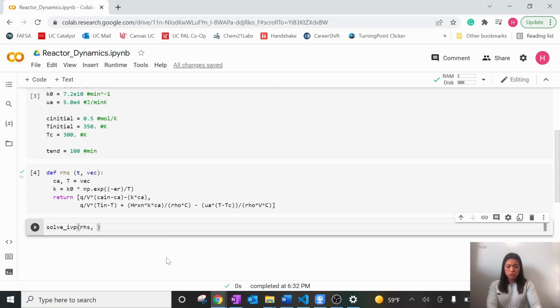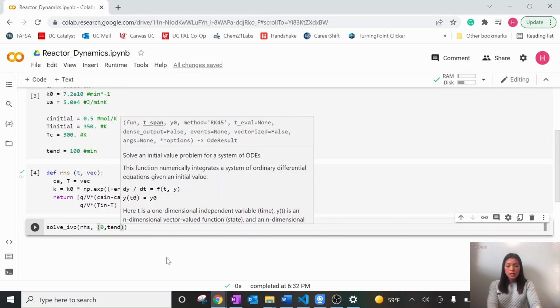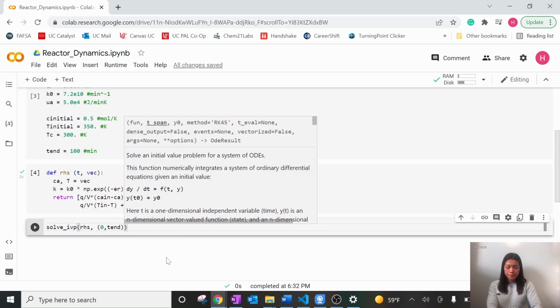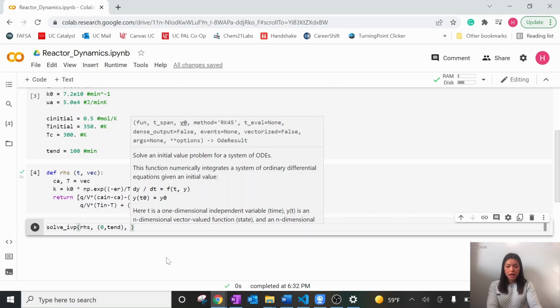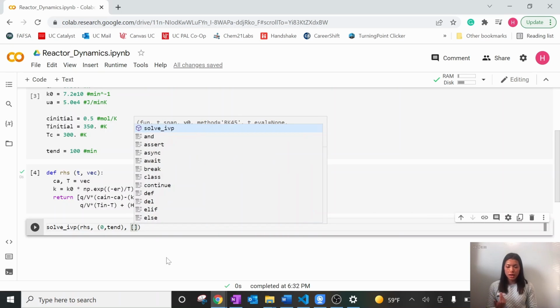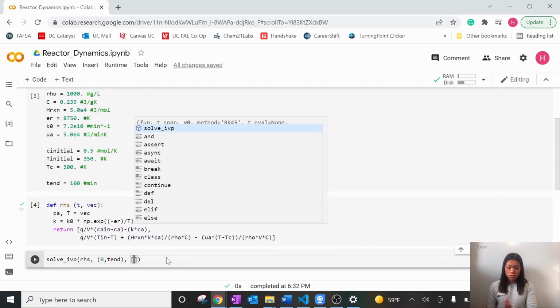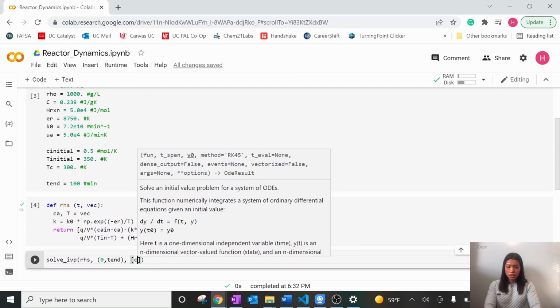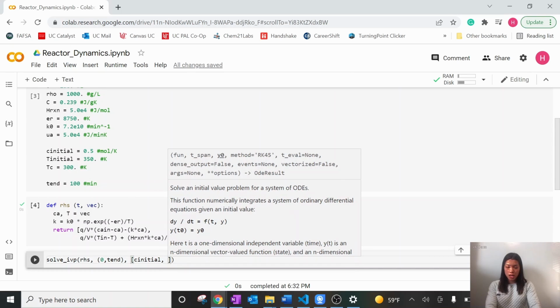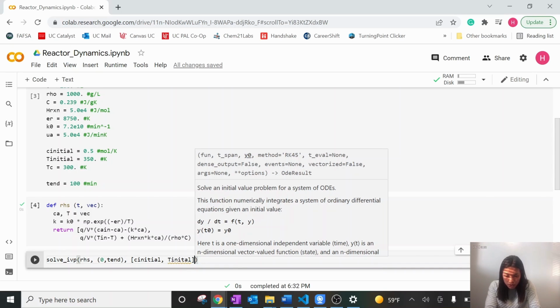So it's going to go from 0 until the time that we set above, and we need to provide initial values. And so here we have two initial values. We have the initial concentration and the initial temperature. So we're going to put in the initial concentration and the initial temperature as our initial conditions.